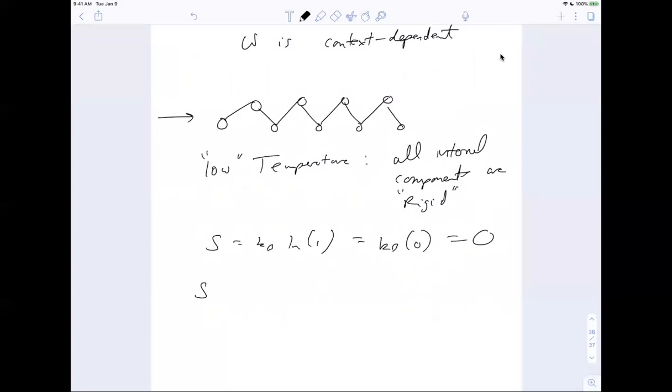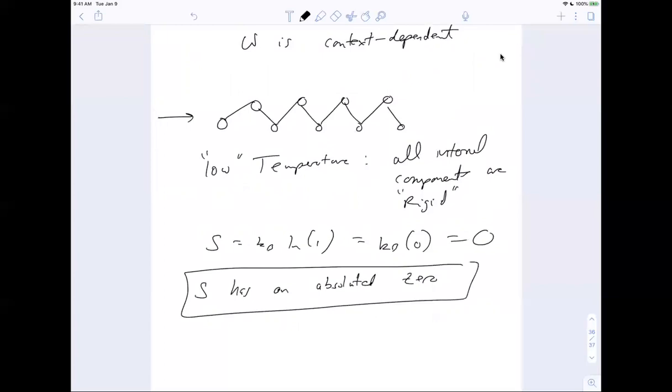Okay. No other thermodynamic function has an absolute 0. S has an absolute 0. And this is an example of how it can and why it does.